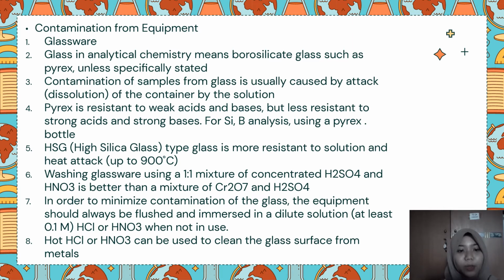In order to minimize contamination of the glass, the equipment should always be flushed and immersed in a dilute solution, at least 0.1 molar each, of HCl or HNO3 when not in use. HCl or HNO3 can be used to clean the glass surface from metals.